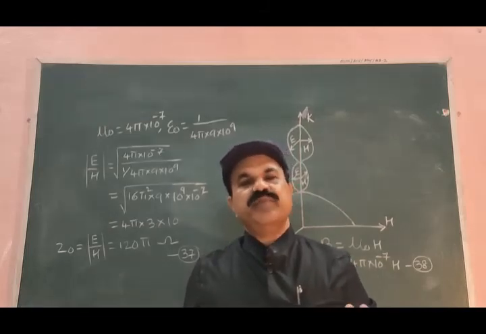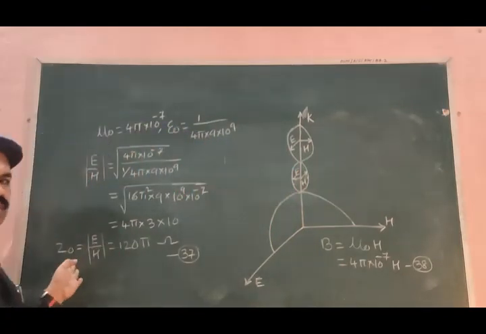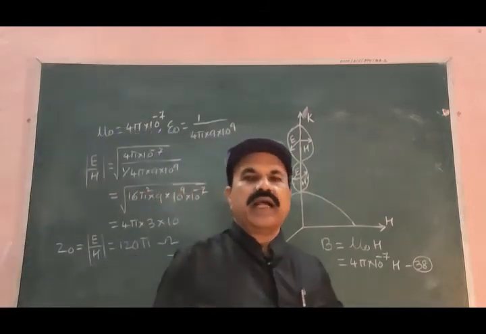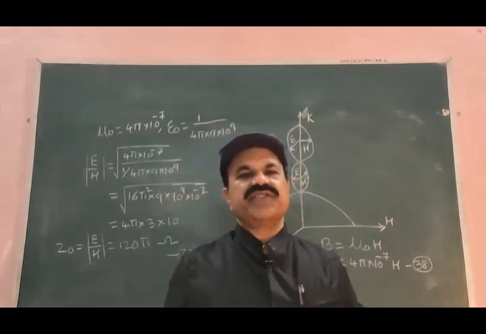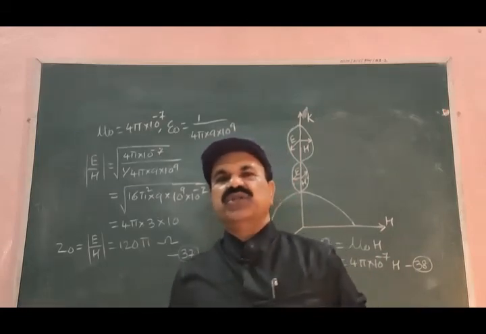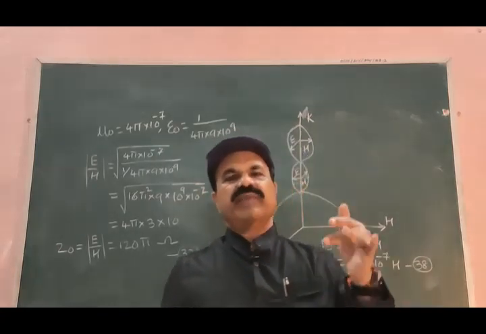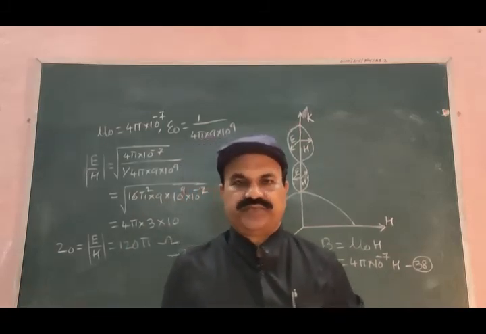By putting the values of mu 0 and epsilon 0, we got the value of Z0, E by H, equal to 120 pi ohm, and we come to know that the ratio of modulus of electrical component E to magnetic component H of the electromagnetic field is equivalent to impedance, and this impedance is known as the wave impedance of free space, the impedance offered by free space for propagation of the plane electromagnetic wave.